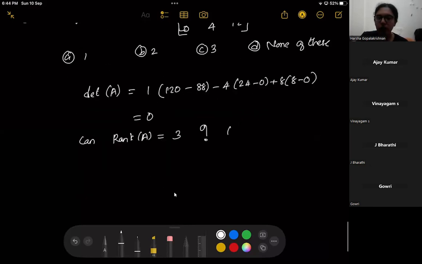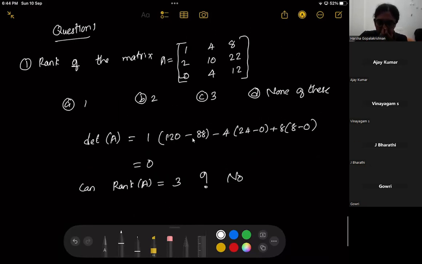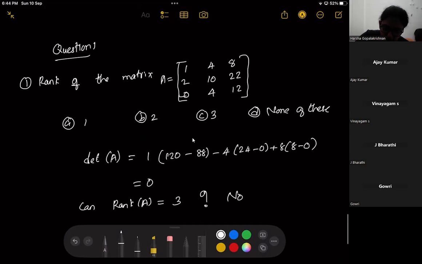Now we will go to the 2 by 2 order matrices. What are the possible submatrices we can take here? We can take a matrix like 1, 4, 2, 10. That means we are taking order 2 minors.